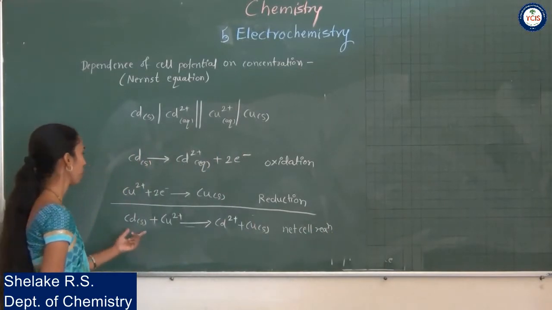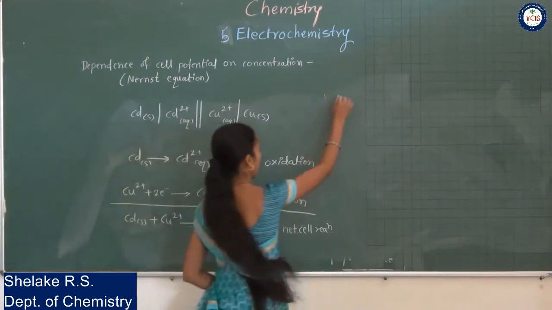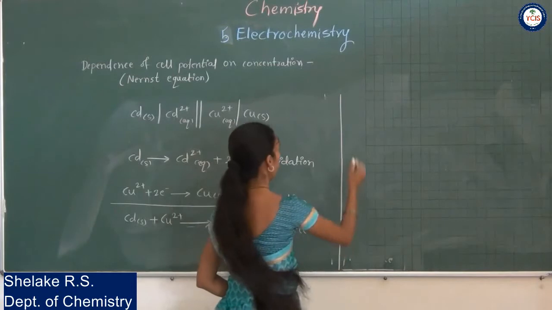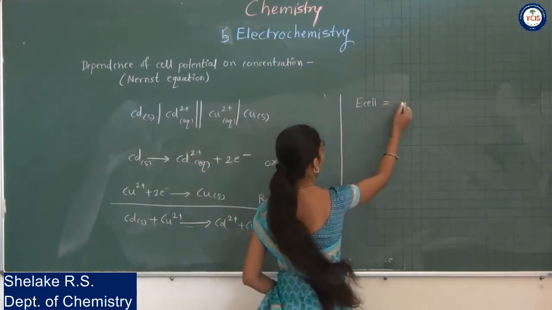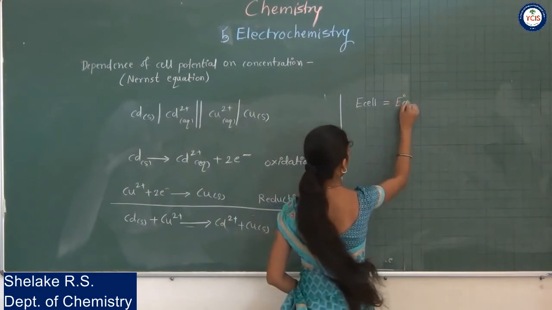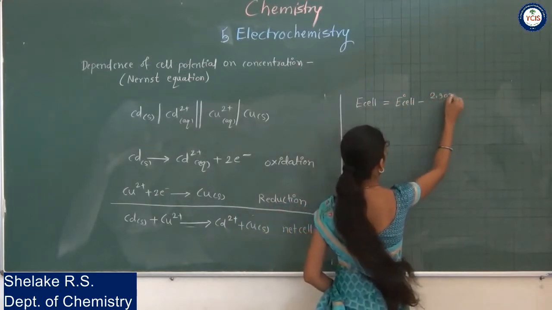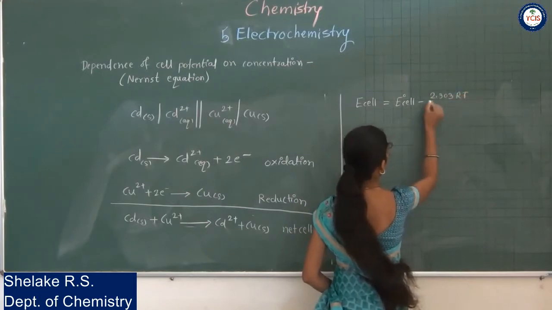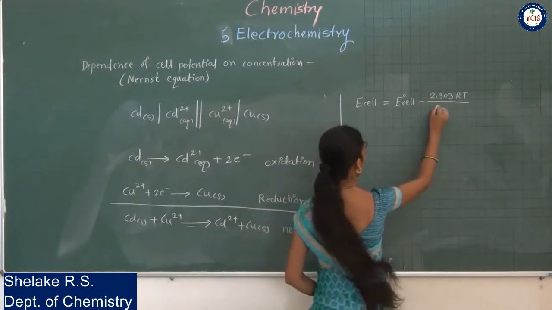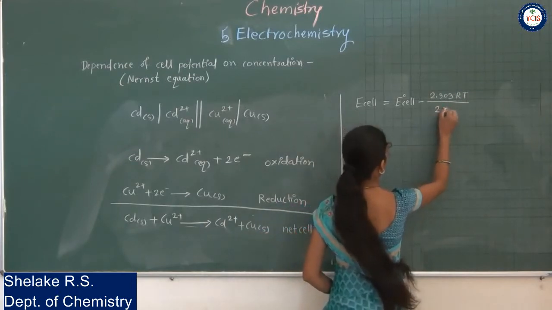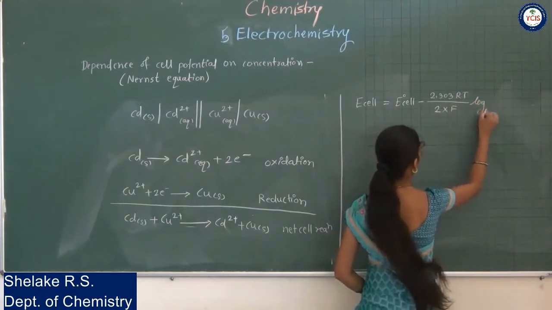So from this cell reaction, we can now write down the Nernst equation. See here, E cell is equal to E0 cell minus 2.303 into RT divided by, now here the value of n is 2, into F, log to the base 10.